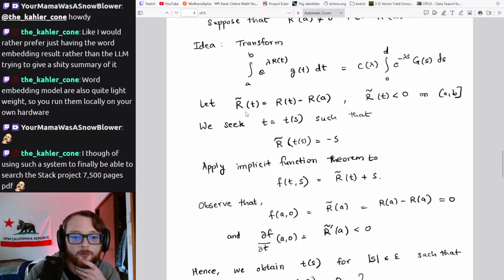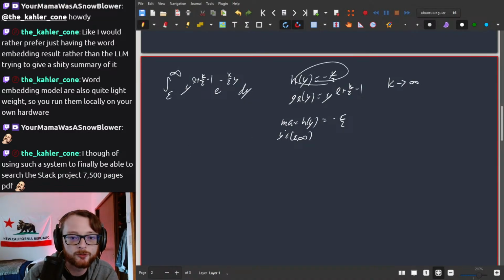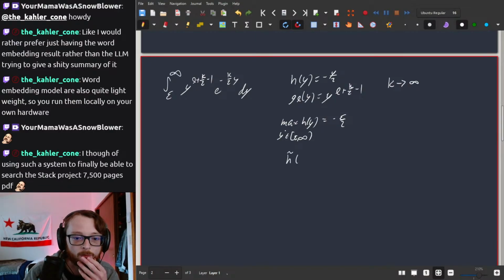I think my next step would be to define this r tilde function, but for me it's this h function. So my h tilde would be minus y over 2 plus epsilon over 2.